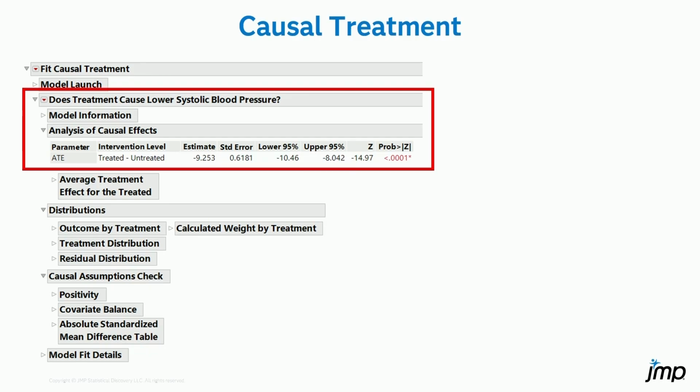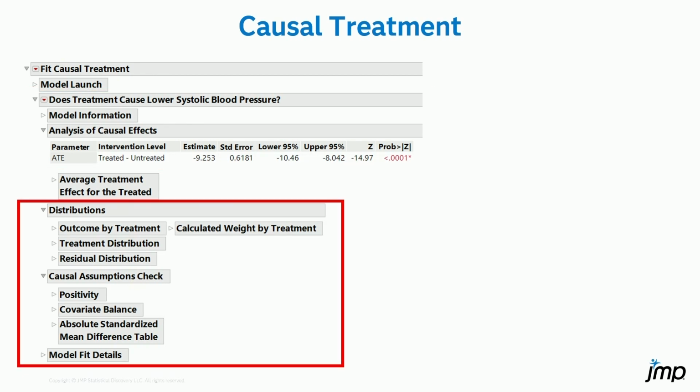In this case, it's shown that the treatment intervention causally lowers the patient's systolic blood pressure after adjusting for possibly confounding other variables like family history and whether the patient has insurance coverage. Now, we have to be careful when we make causal claims because strong conclusions can require strong assumptions. There are many tools available in the platform to check the validity of your claims, though.